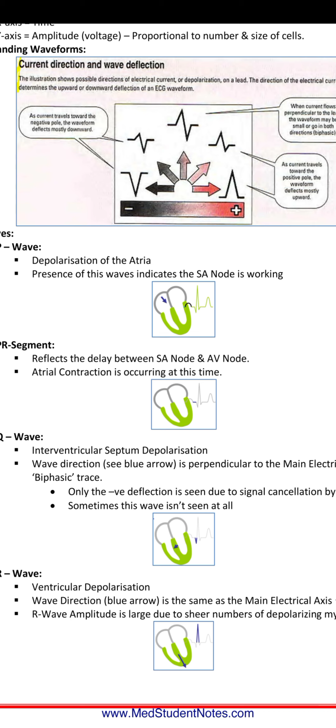From the SA node, it produces about 90 to 100 beats per minute. After that, about 40 to 60 is produced in the AV node. So the delay between them is recorded in the PR segment.